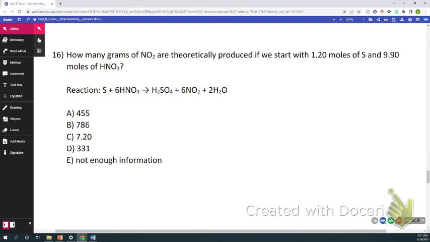Okay, just a couple more questions really quick. Let's take a look at number 16. How many grams of NO2 are theoretically produced if we start with 1.20 moles here and 9.90 moles here?